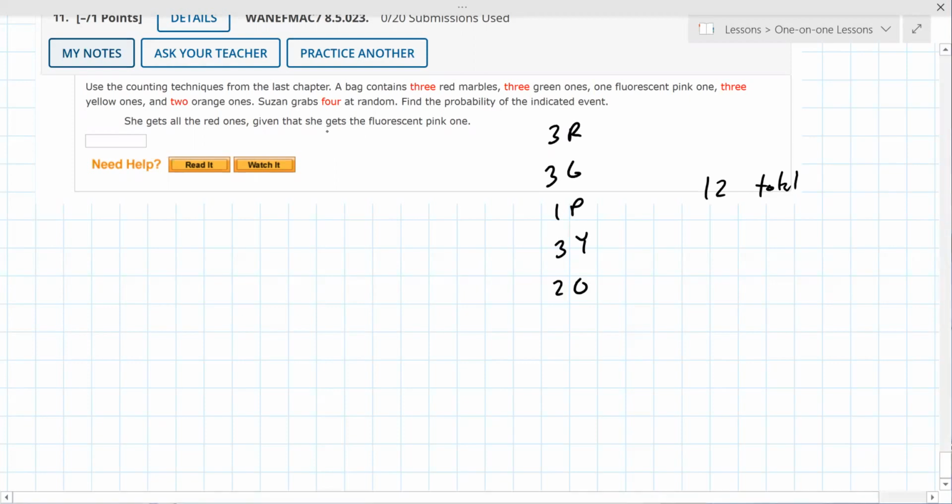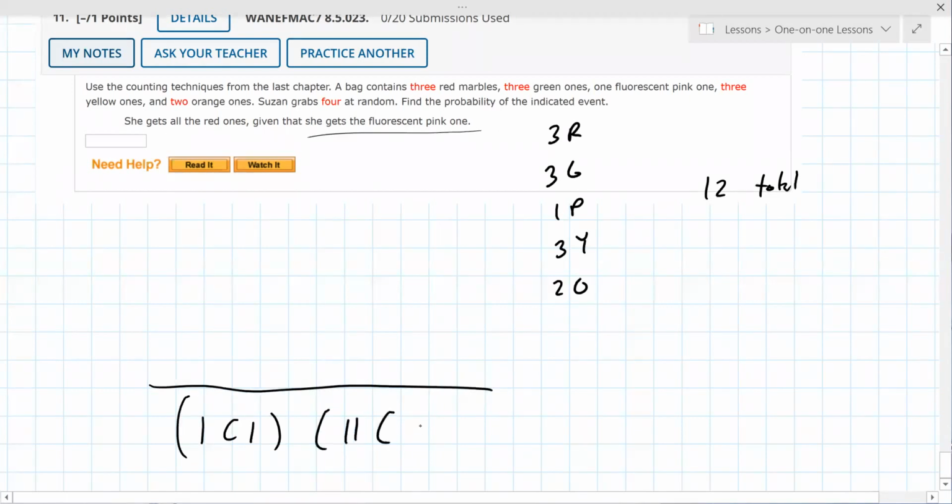She gets the fluorescent one. So that's again on the bottom here. She has 1 choose 1 fluorescent, and there's 11 others, so that's 11 choose 3, because that's the possibilities. Now she wants all the red ones. So that means out of the 3 that are left, she's choosing all the red ones.